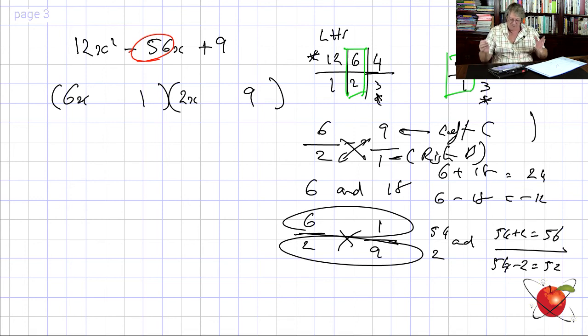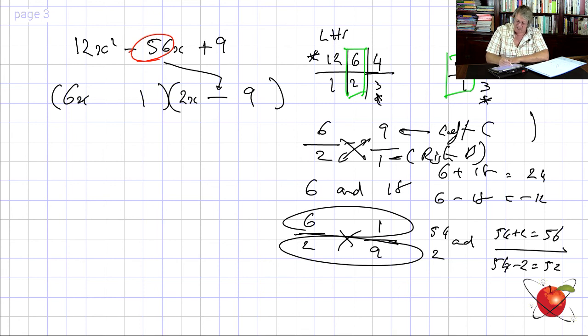Oh my word. Now, let's have a look and say, all right, the highest number should carry the sign. So let's use that rule. The highest number carrying the sign. In other words, the 9 takes the minus.